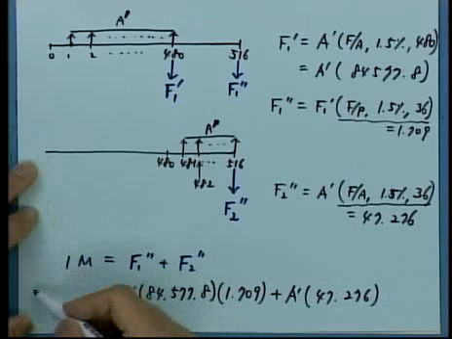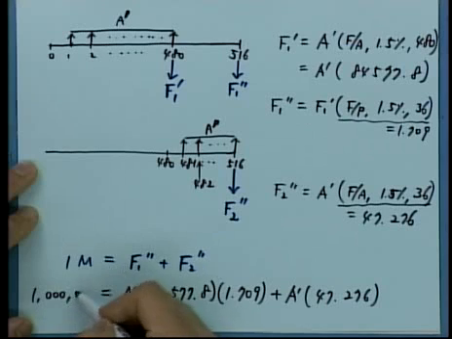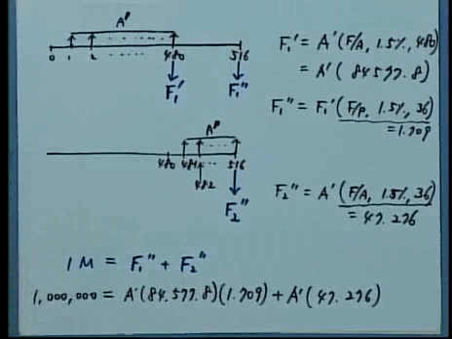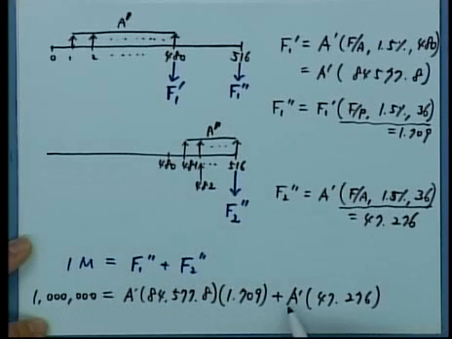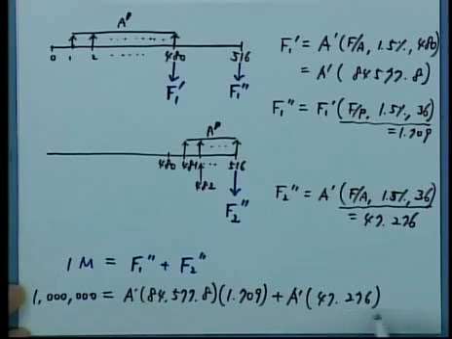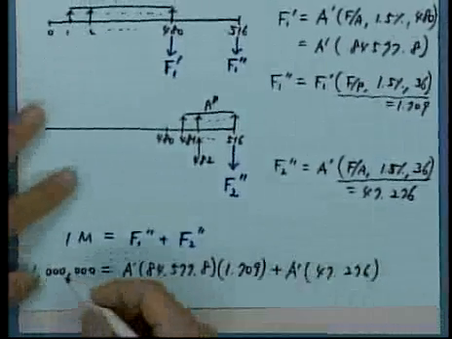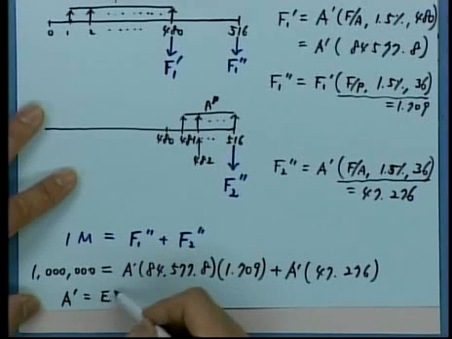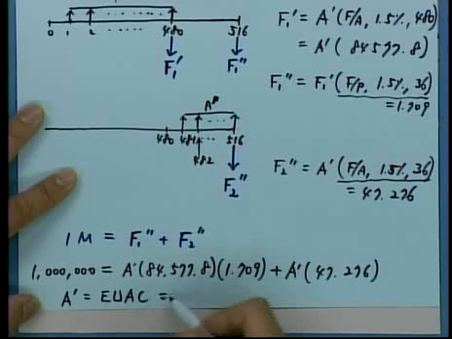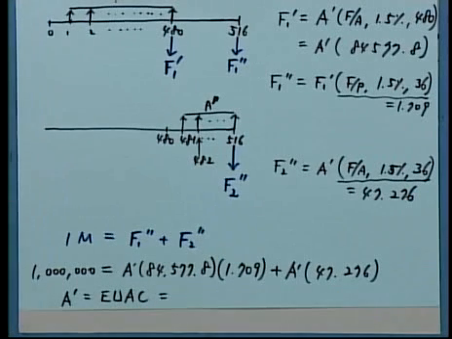That is equal to 1 million. Okay. So here we have only one unknown variable, which is A prime. So you should be able to get the value of A prime by solving this equation. Okay. So here A prime, or equivalent uniform annual cost, would be how much?